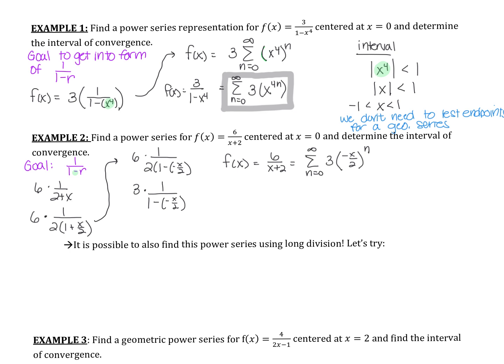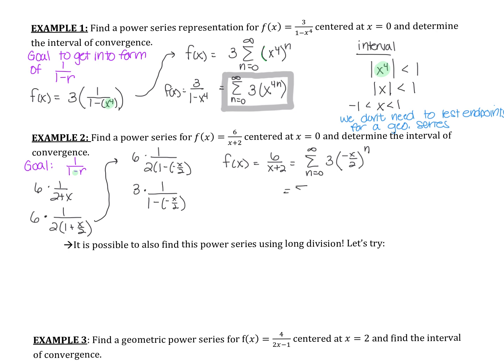Okay, here's the problem with this one and the way it's written. I see that in my parentheses, I have a negative. Now, this isn't wrong. It is correct, but oftentimes with that negative, and I'm raising it to an n power, we won't actually see it written that way. We know that a negative to the n power means alternating.